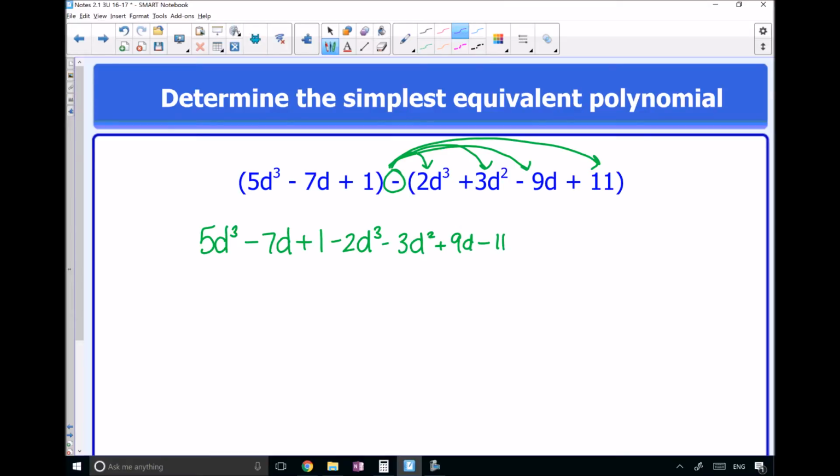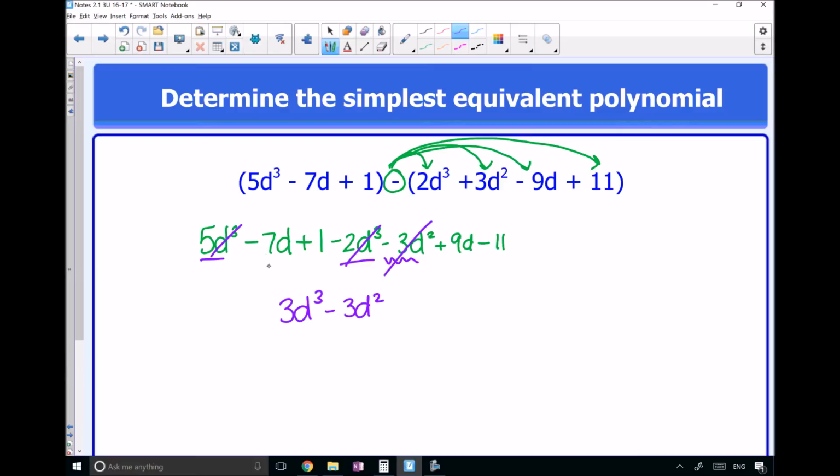Then I can start to put things together. So 5d cubed is like negative 2d cubed, and when I put those together, I get 3d cubed. Then I'm going to go to my next highest exponent, which is d to the power of 2. So I'm going to write down minus 3d squared because there's nothing else that's like it that I can combine it with.